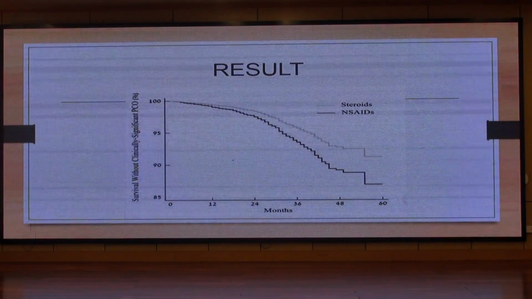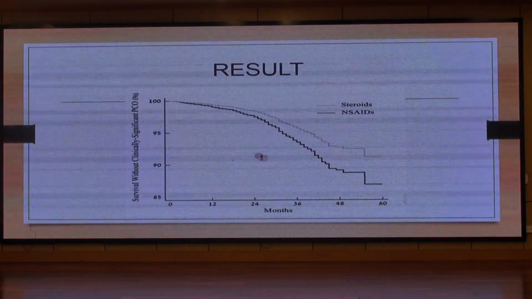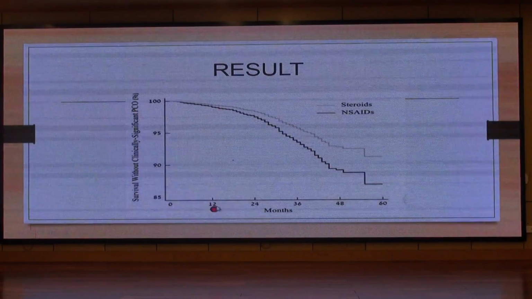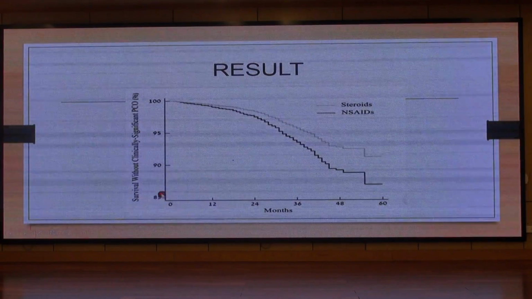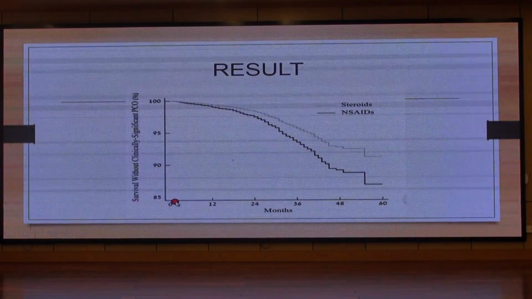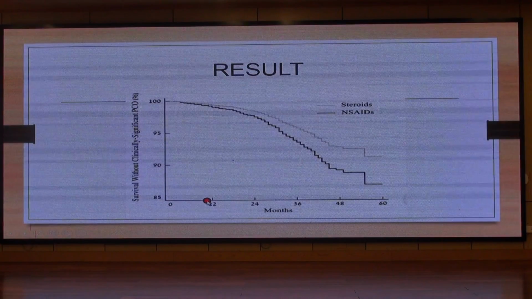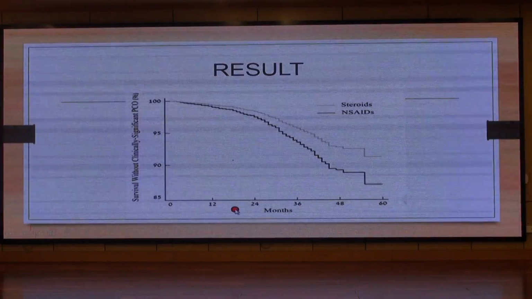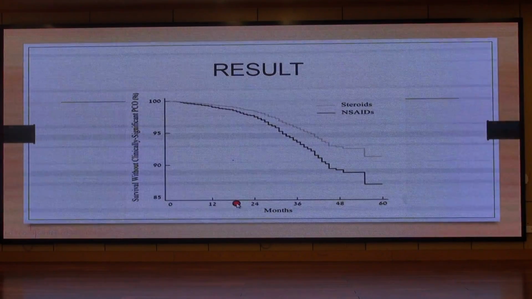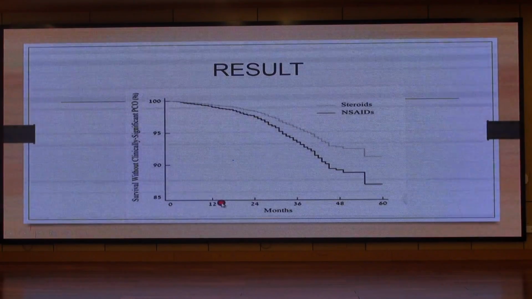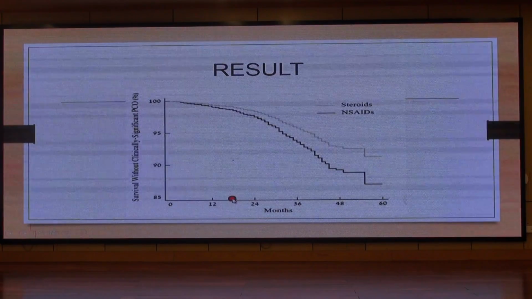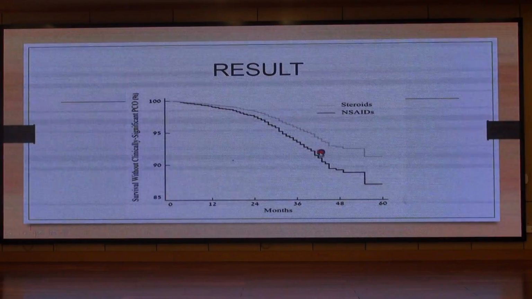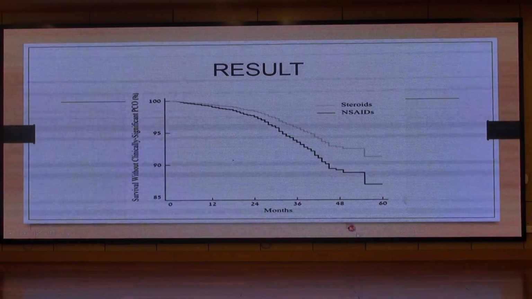The second graph shows the percentage of patient survival without clinically significant PCO after adjusting for patient age, sex, existence of pseudoexfoliation and risk stratification, and you can see that there are differences between the two groups over months.